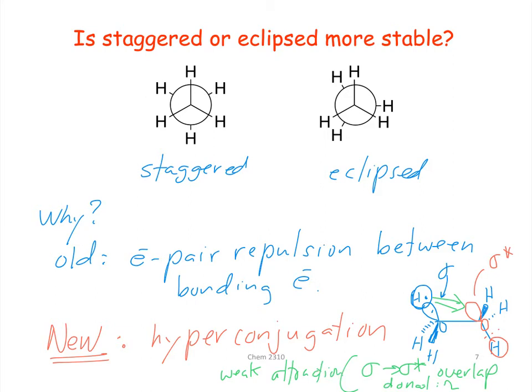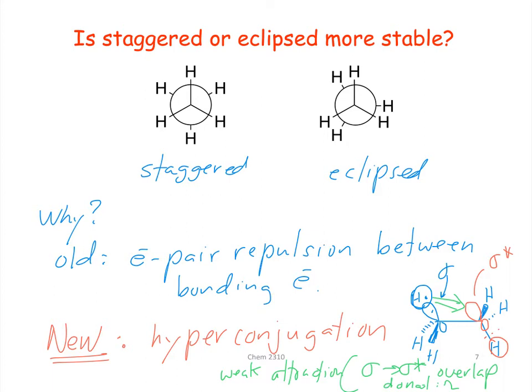Okay, so what they've kind of done is take this, instead of being a negative thing, a repulsion, they've made it into something positive and saying it's actually an attractive force. And this sigma to sigma star overlap only happens when this sigma bond is in the same plane as the sigma star.